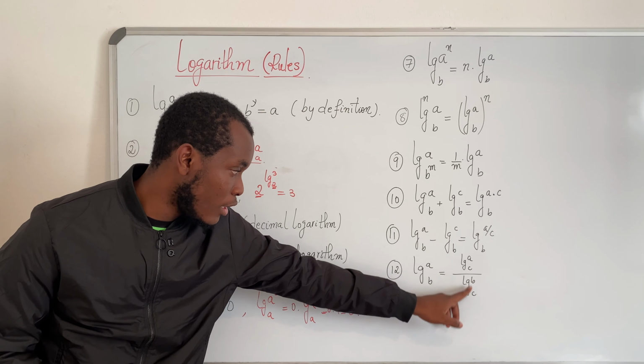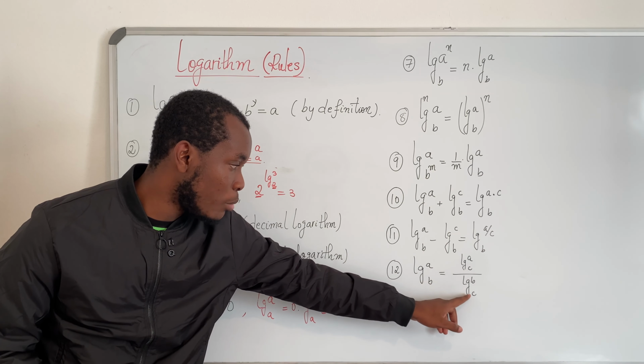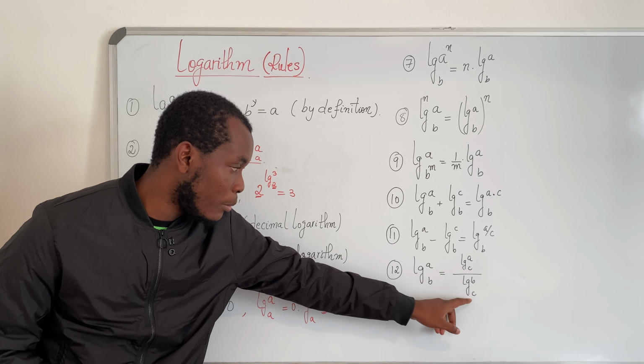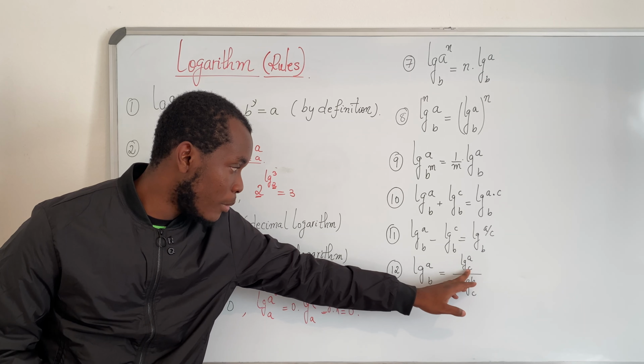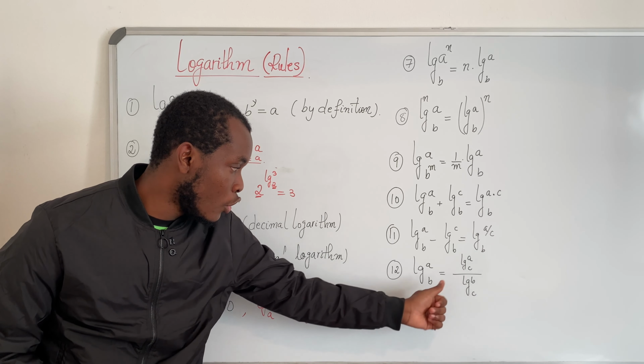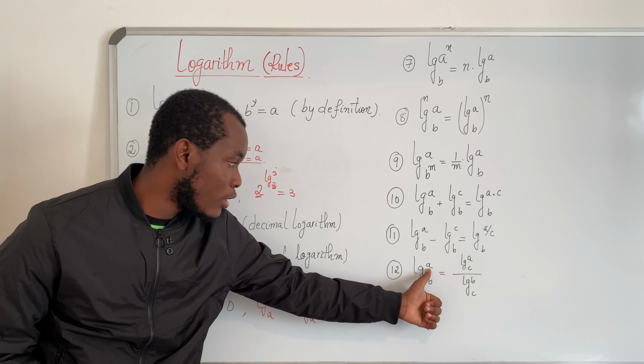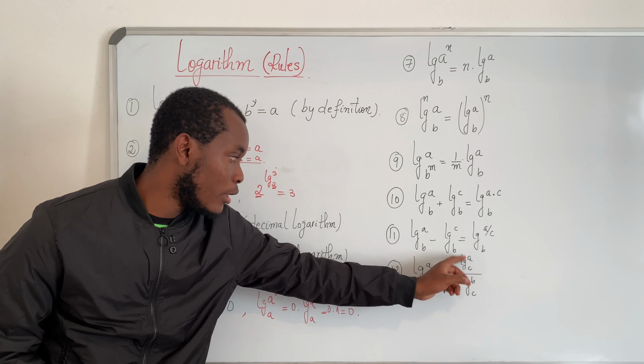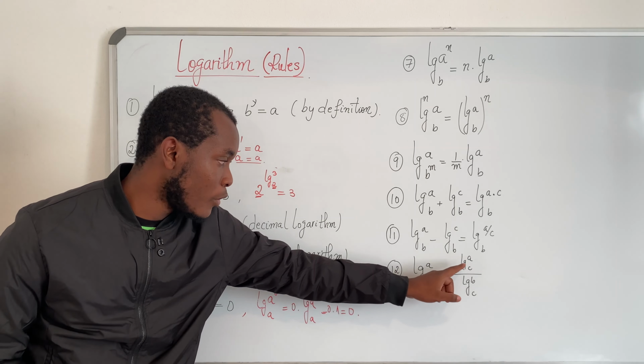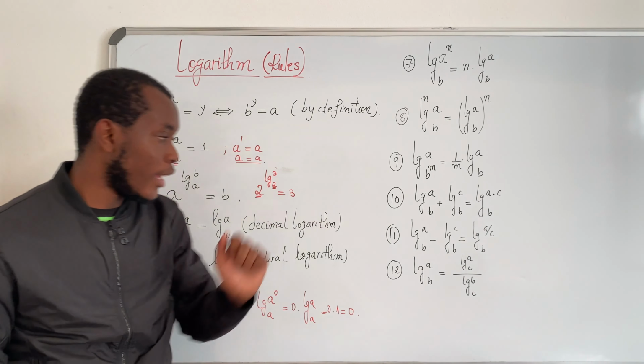So here is c, here is c. So that means the new base has to be the same in the numerator and the denominator. So the base here now becomes an argument in the second log, and the argument here becomes the argument of the log that is in the numerator. So we can also write it like this.